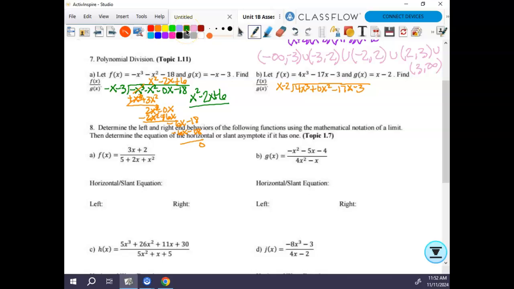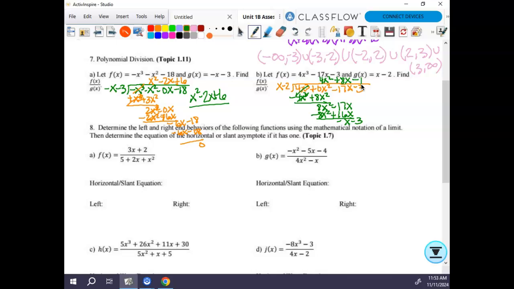All right, so 4x cubed divided by x is 4x squared. Multiply that back, I get 4x cubed minus 8x squared. Change the signs, those zero out. 8x squared minus 17x. So 8x squared divided by x is going to be a positive 8x. Multiply that back, I get 8x squared minus 16x. Change the signs. It's negative x minus 3. So it gives me a negative 1.